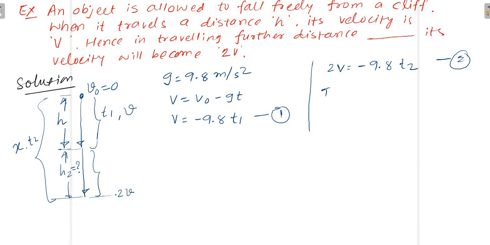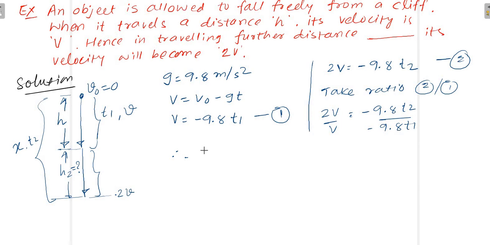So if I take ratio of equation 2 to 1, so what do we get? v divided by v is equal to minus 9.8 times t2 divided by minus 9.8 times t1, or in short, t2 is equal to 2 times t1. t2 is total time.